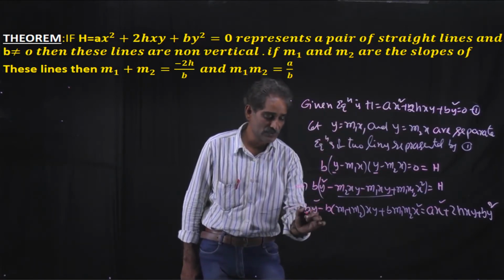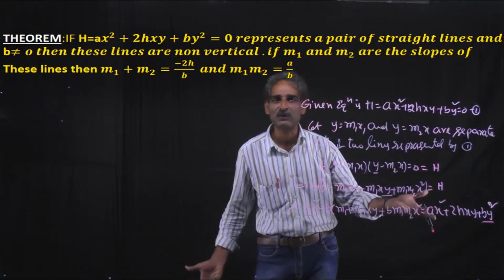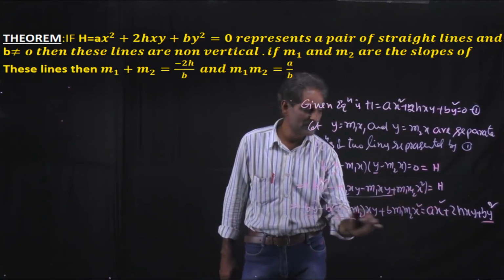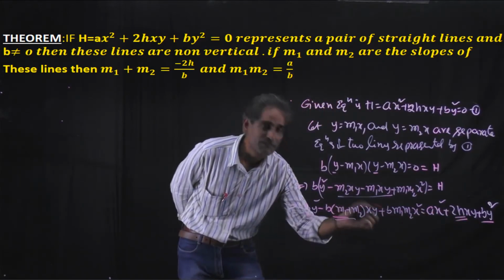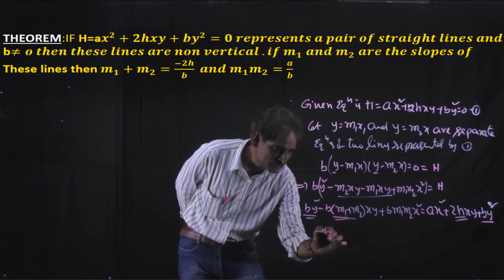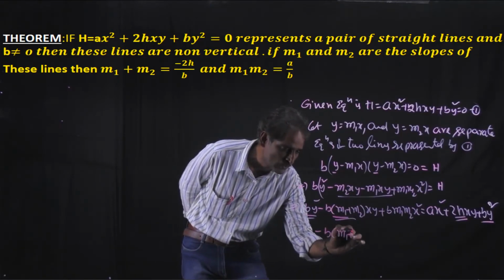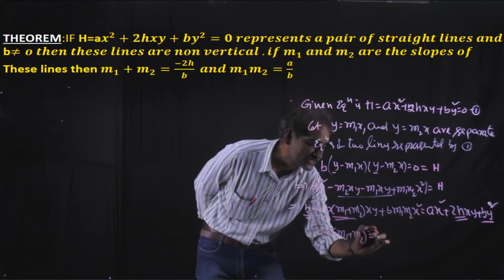Here just observe that the y square coefficient is the same. Just equate the remaining coefficients. What about the xy coefficient? 2h equals this one. Therefore, minus b into m1 plus m2, the coefficient of xy, is equal to 2h.